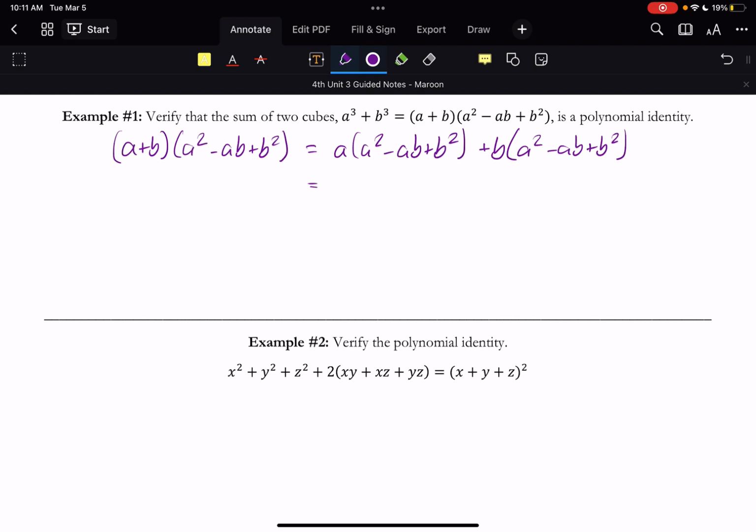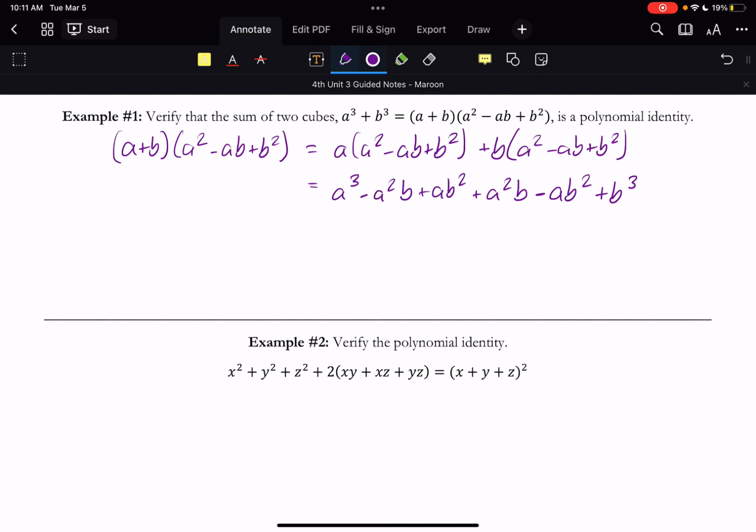So a times a squared is a cubed. A minus times negative ab is minus a squared b. A times b squared is plus ab squared. I'm going to do the same thing with the b. So that gets me plus a squared b, minus ab squared, and then plus b cubed. So I just did that distribution of the binomial.